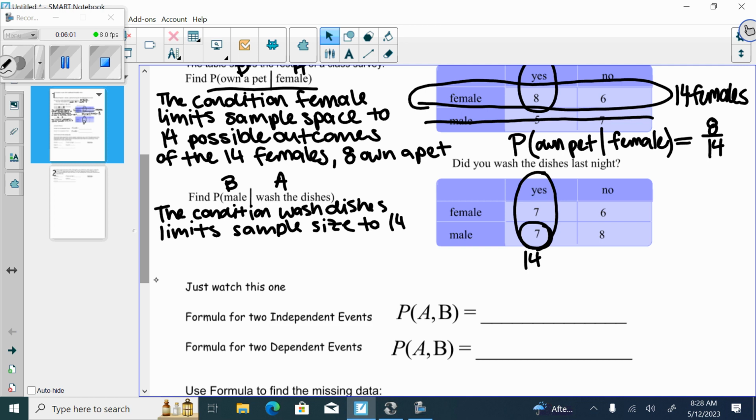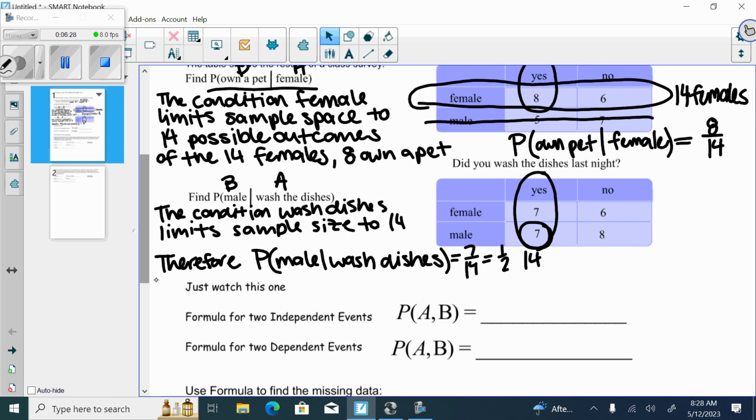So I can say then that, therefore, the probability of this particular event, males, given that they wash the dishes, is what? What fraction? What is it? 1/2, right. 7 out of 14, which simplifies to 1/2. Very good.